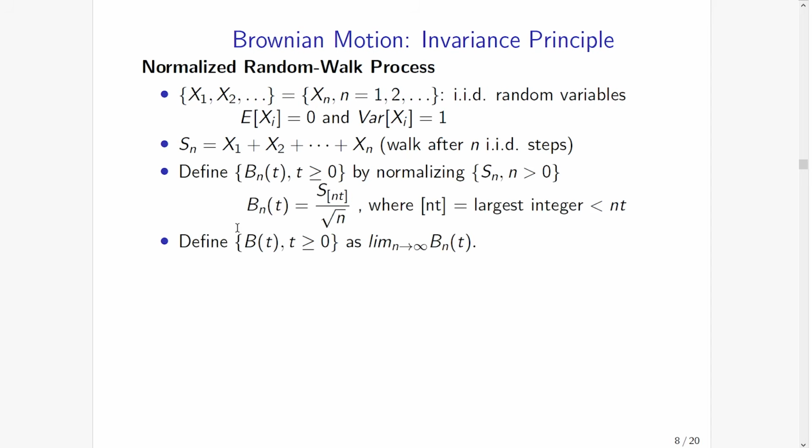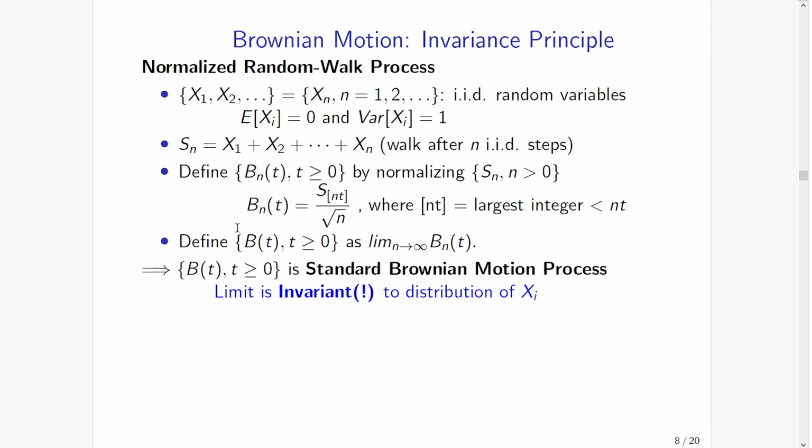So with this normalized random walk process, it turns out that this limiting process is invariant to the distribution of the x's.